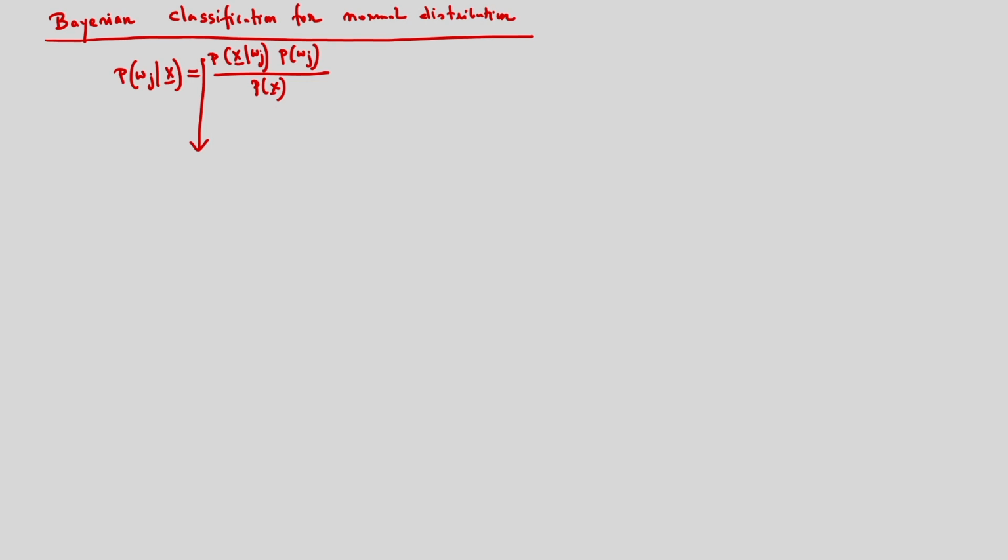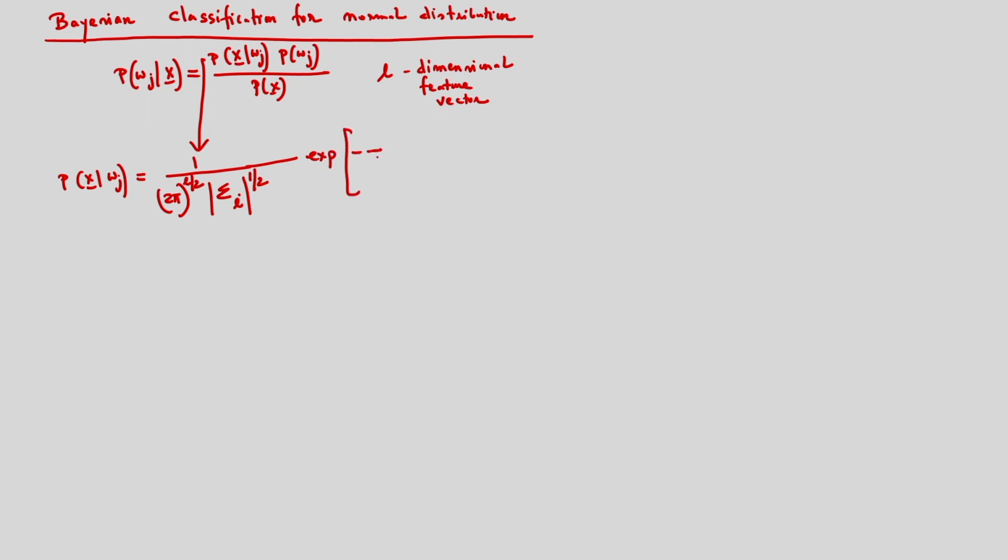So the probability of x given wj is a multivariate normal density, where x is the L dimensional feature vector: 1 over (2 pi) to the power L by 2, determinant of sigma i to the power half, and exponential of minus half (x minus mu i) transpose.